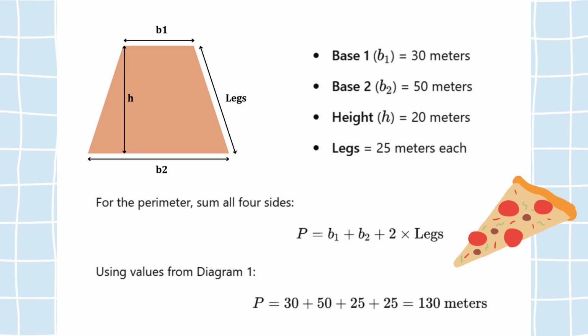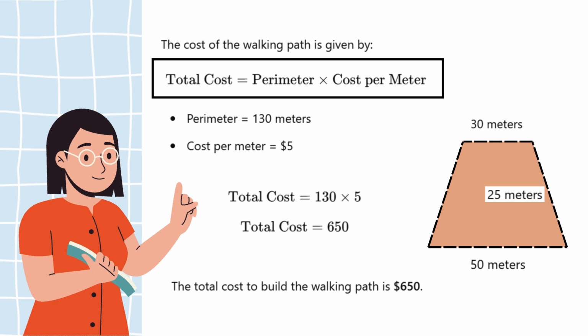So you can see the answer is exactly the same as when using the algebraic substitution method just now. Okay, for the third part, where we are required to calculate the price for the walking path. In the drawing diagram method, we need to imagine where the walking path will be put.